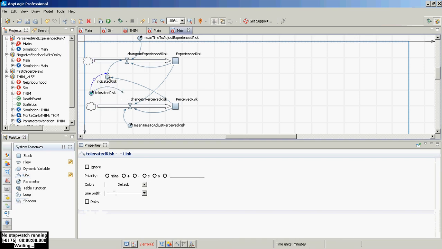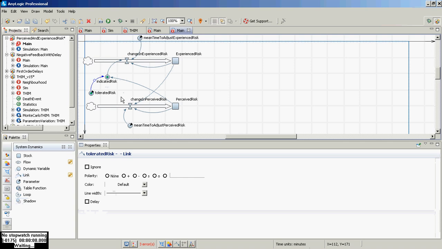So we're going to have a level of risk that we're willing to tolerate, and we'll take the difference between the tolerated risk and the perceived risk, and that will indicate some excess risk.